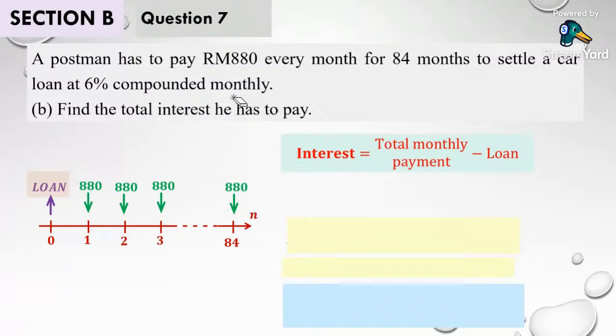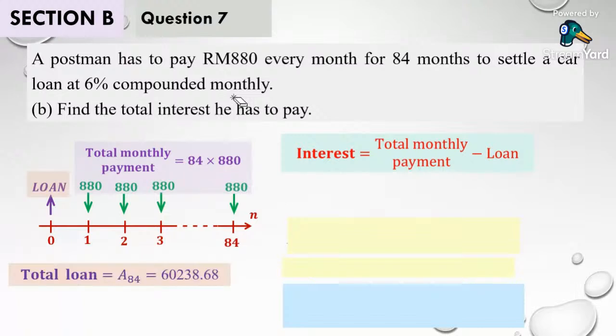But again, you need to know the idea, the concept, of how we actually get the calculation done. By right, the total payment we have made is 84 payments of 880. And as we said just now, the interest is this amount minus the loan. We found that the loan just now is 60,238.68.